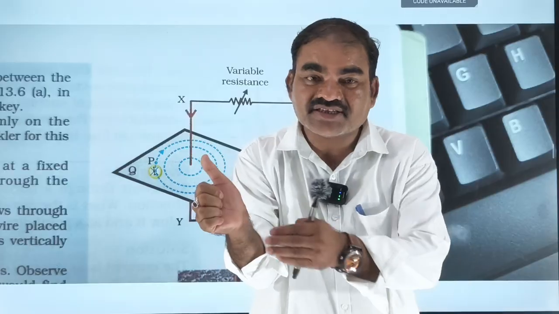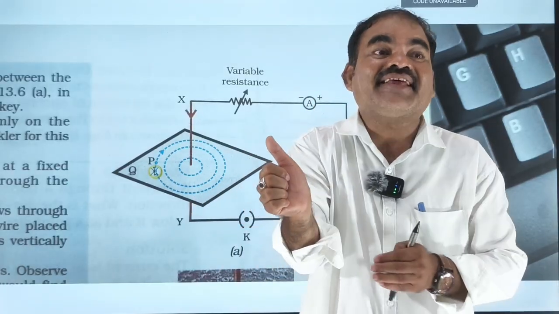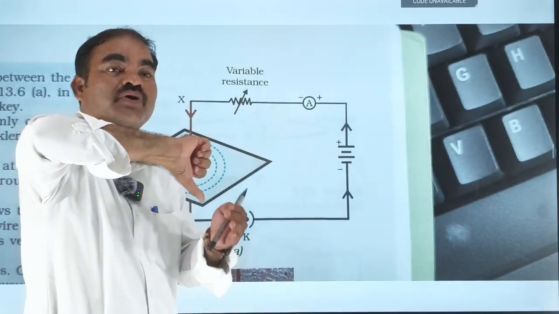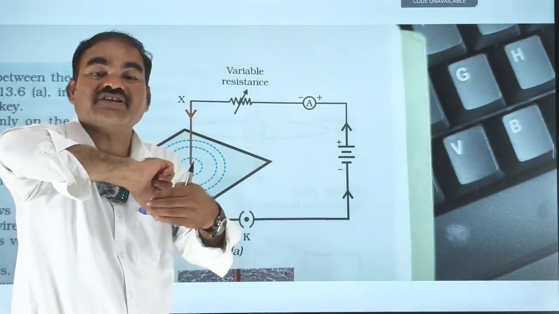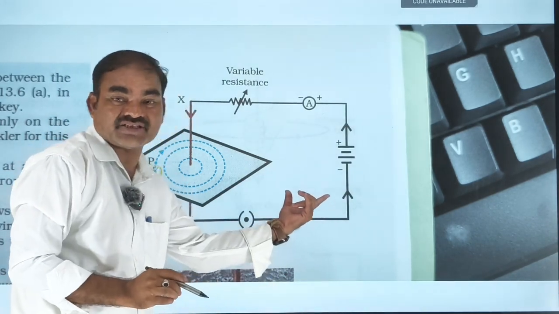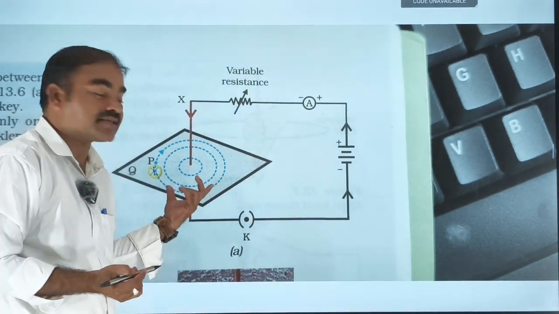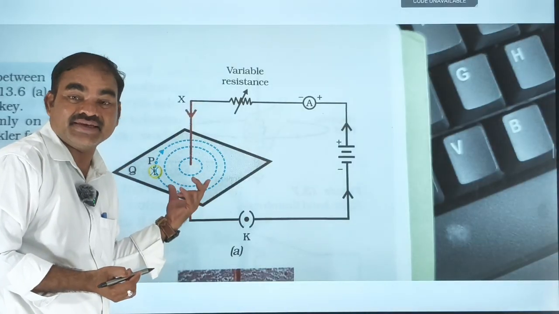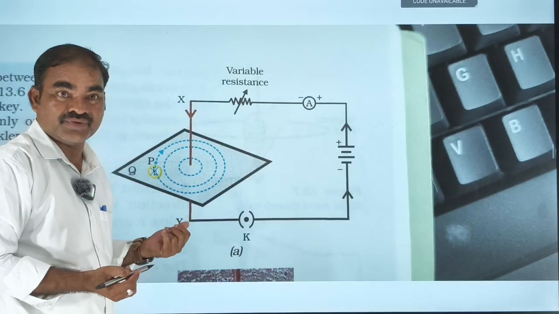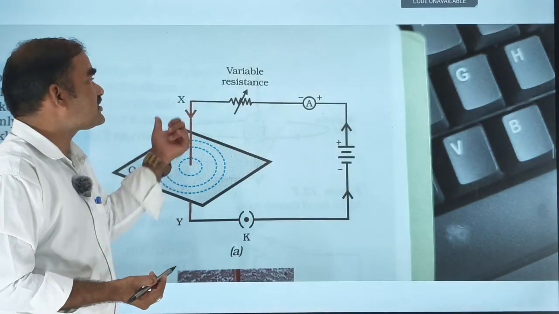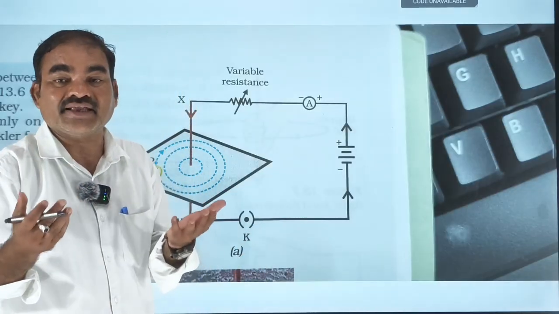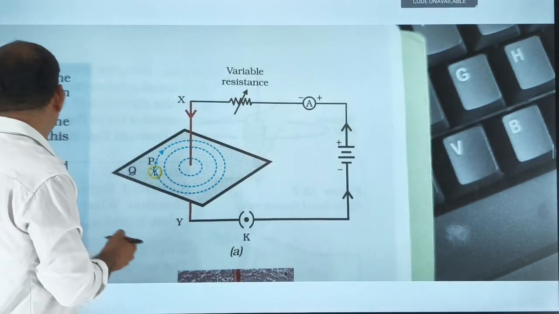If the direction of current is upwards, they move in the anti-clockwise direction. If the direction is downwards, the magnetic field will be in the clockwise direction. If we increase the strength of the current, the magnetic field strength also increases. By the variable resistance we can increase and decrease that. So this is how this diagram explains how the magnetic field lines are formed.